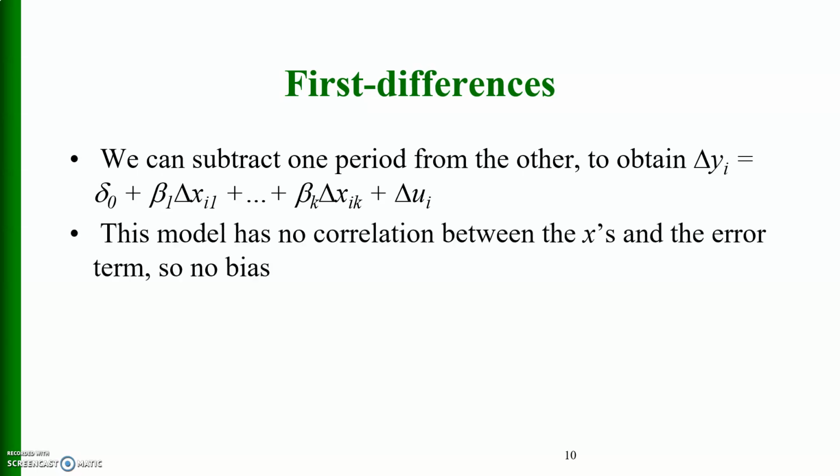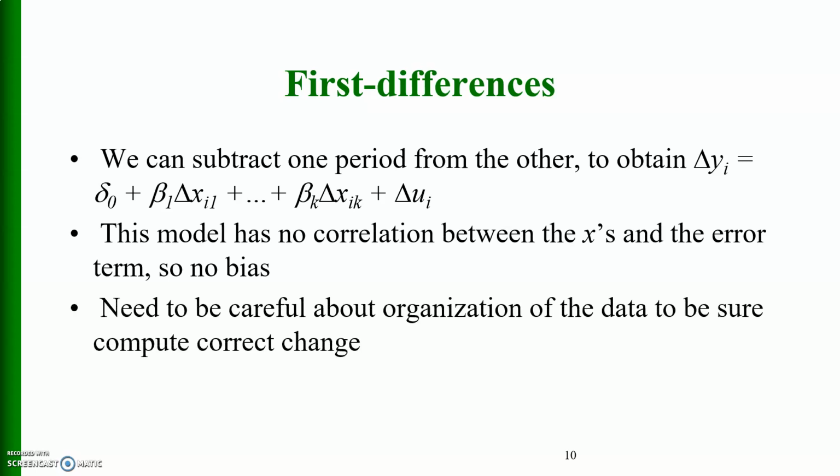This method has no correlation between the x variables and the error term, so there is no bias. But we need to be careful about organization of the data to be sure to compute the correct change.